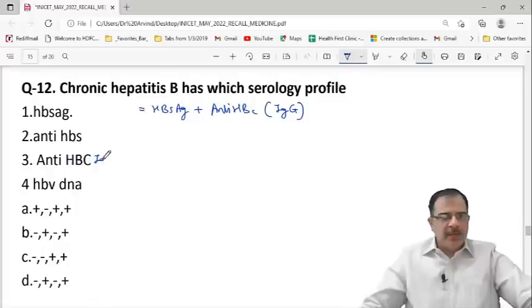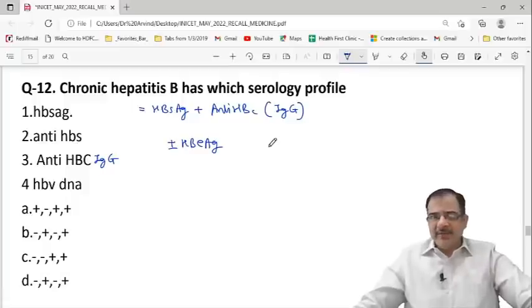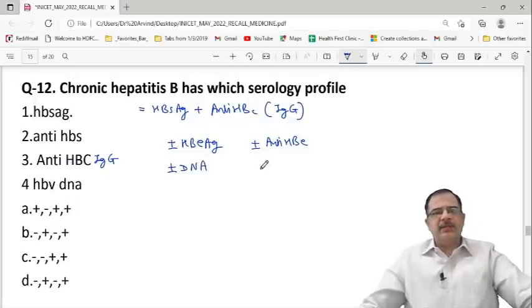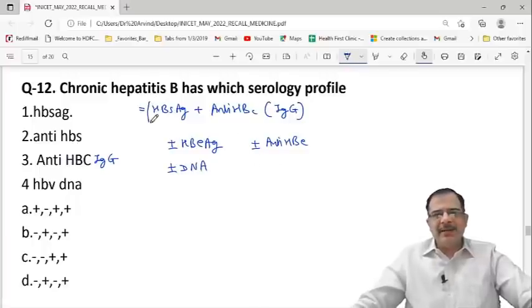Other markers which can be seen: maybe plus minus HBe antigen if it is a significant replication, plus minus anti-HBe if it is insignificant replication, and HBV DNA can be plus minus depending on the replication status. So these are plus minus status, but this is mandatory.